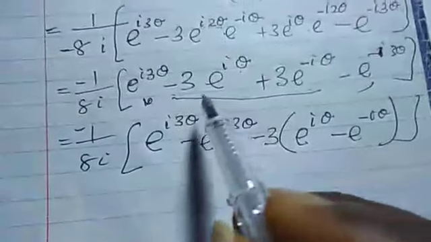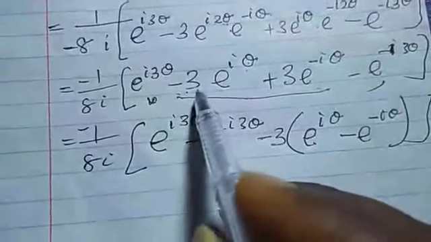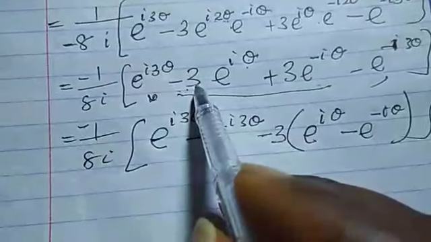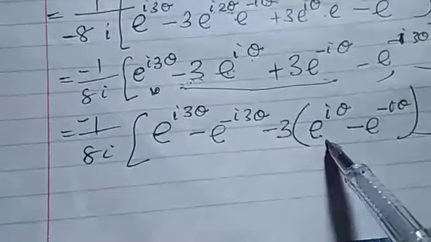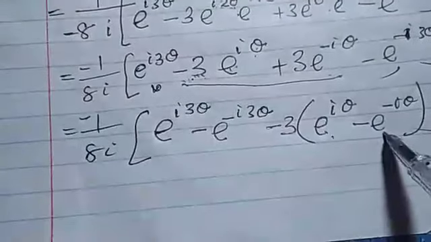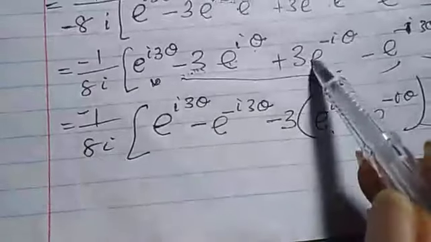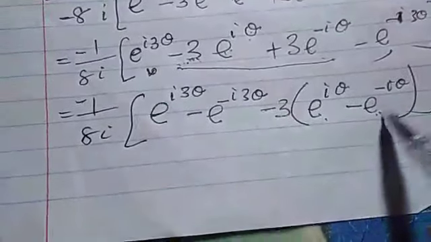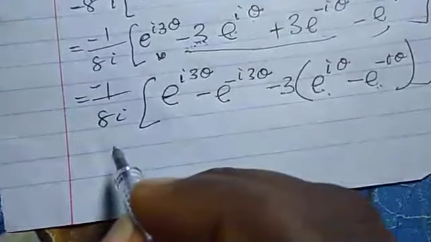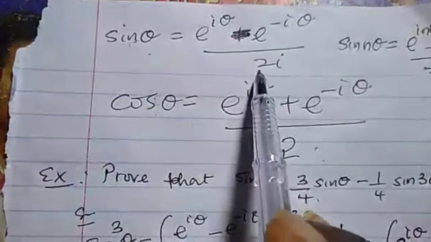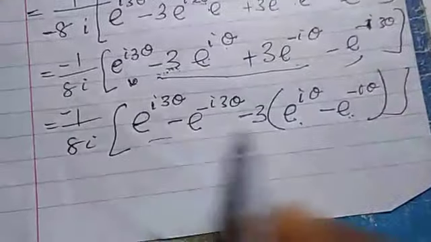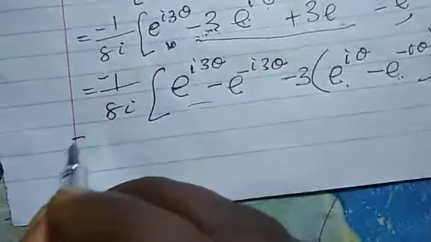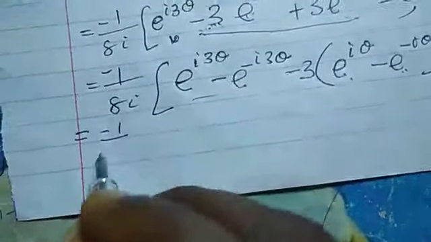Because if you observe, minus 3 times exponential i theta will give me this, minus 3 times minus exponential minus i theta will give me plus exponential minus i theta. Now, because we are dealing with sine, 2i must come under each of these. So I can write it like this: minus 1 over 4.